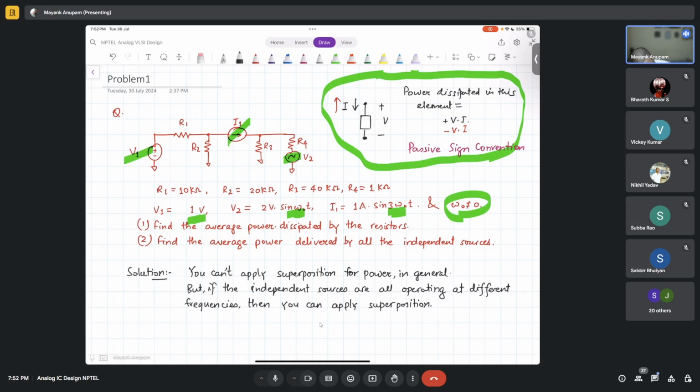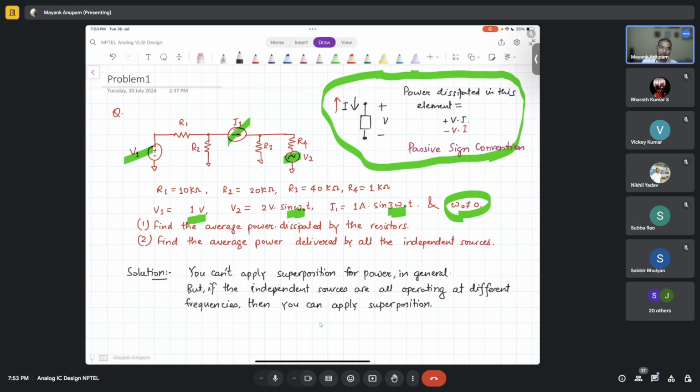The moment you define a plus sign and a minus sign to the voltage, to the terminals of the element, the moment you define which terminal is positive and which terminal is negative, after that passive sign convention dictates that the current should be taken as positive when it enters from the positive side.